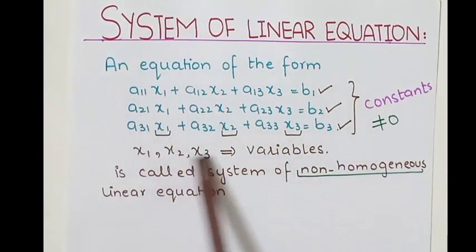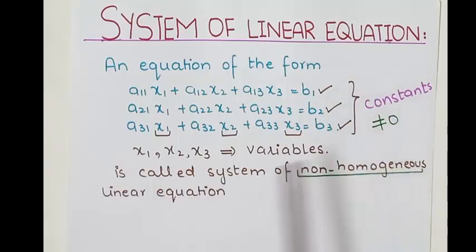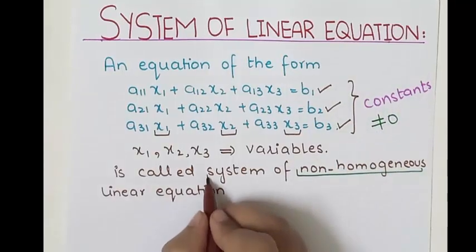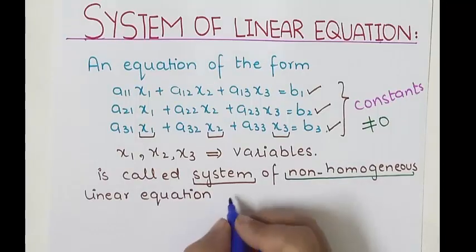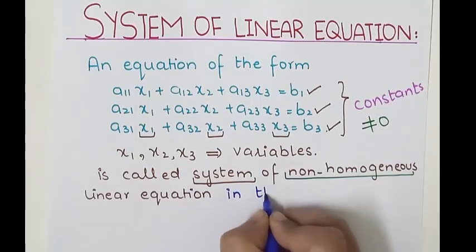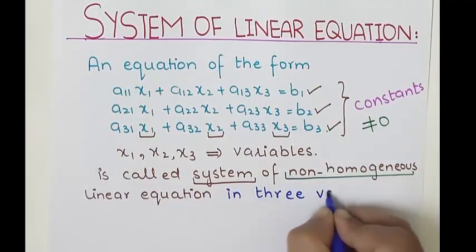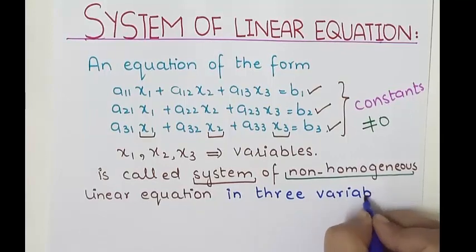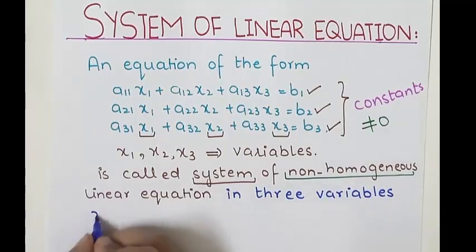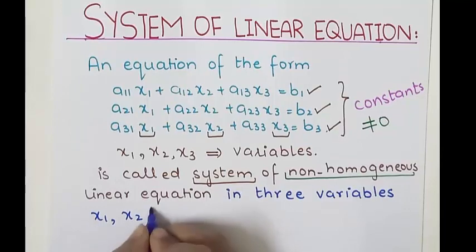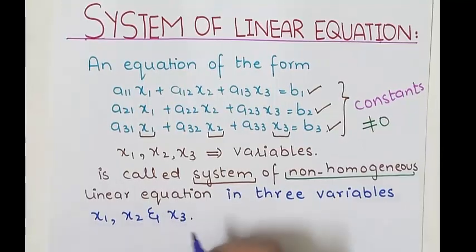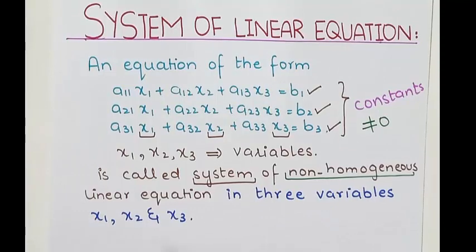But when we discuss all of these equations together, then it is termed as system in three variables. As I told you, the variables are x1, x2 and x3. Okay. Now we consider the second case.